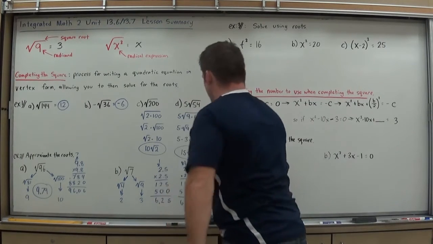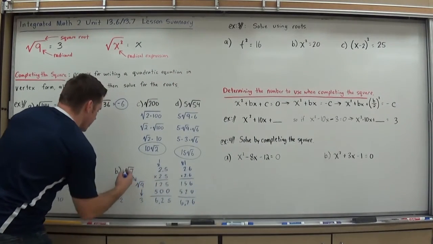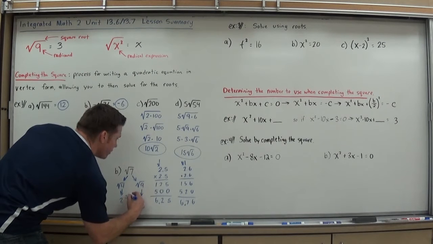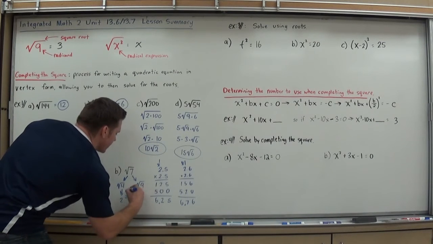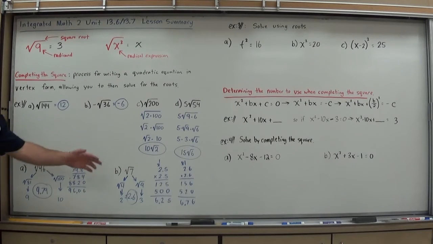And I could then try another number, see if it's 2.7. 2.7 here is probably going to put me over though. So I can approximate it and say it's around 2.6. Again, it just depends on how accurate you really want to be. But really it's just getting to the point of how to approximate, get an idea. In our day and age now, this is kind of becoming obsolete because of cell phones and technology like that.